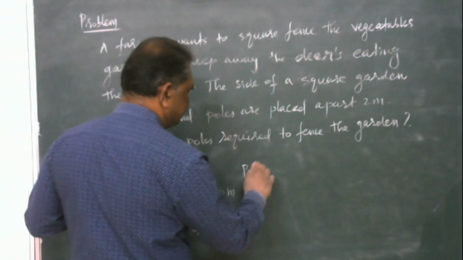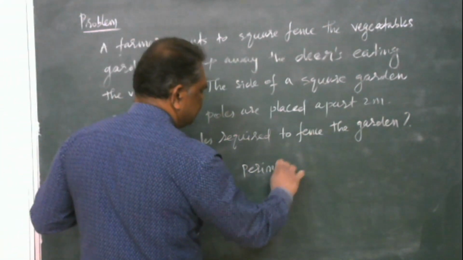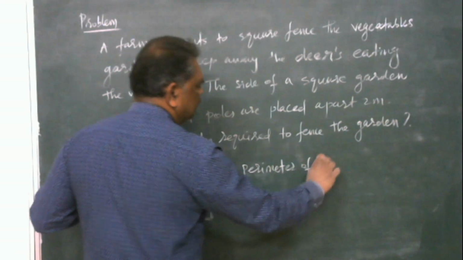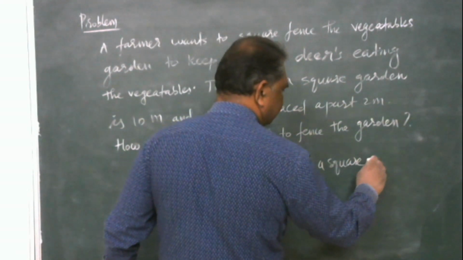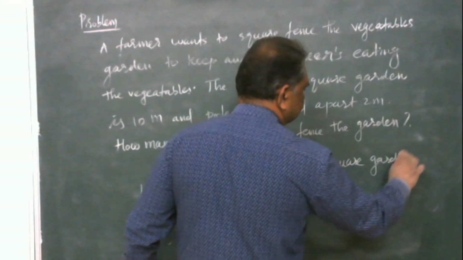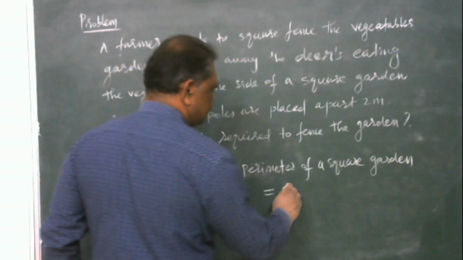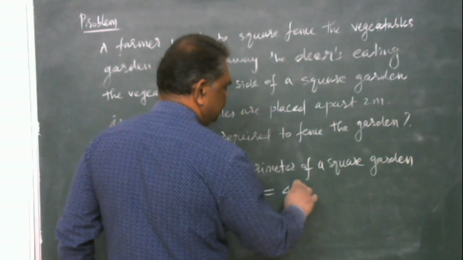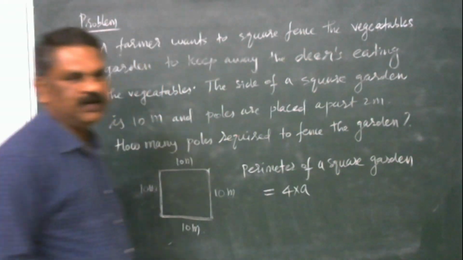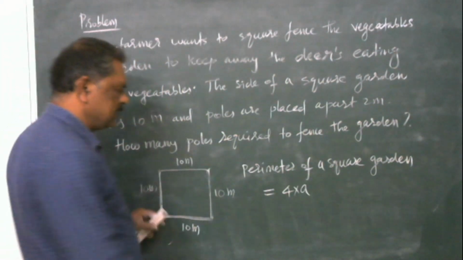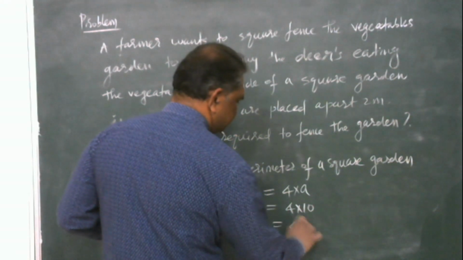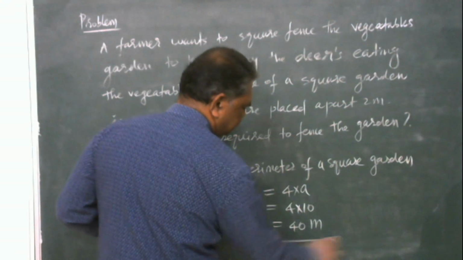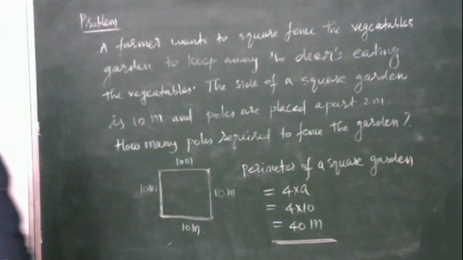So the perimeter of the square garden is, what is the formula? We have 4 into A. A is 10, so 4 into 10, which is 40 meters.